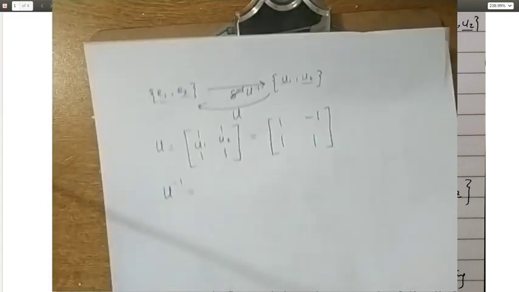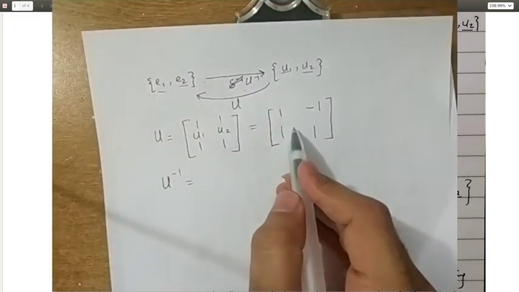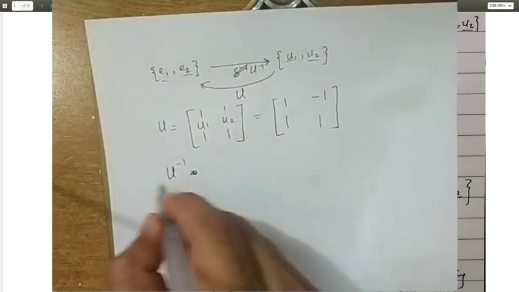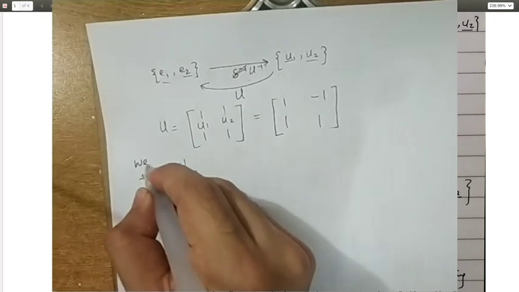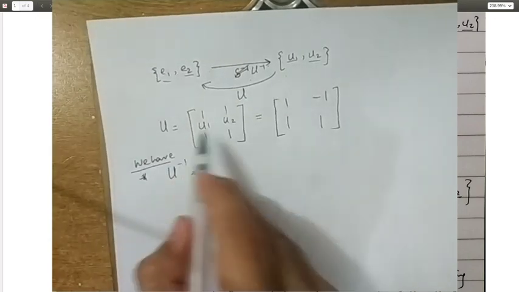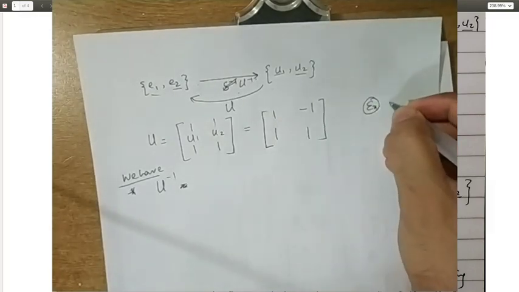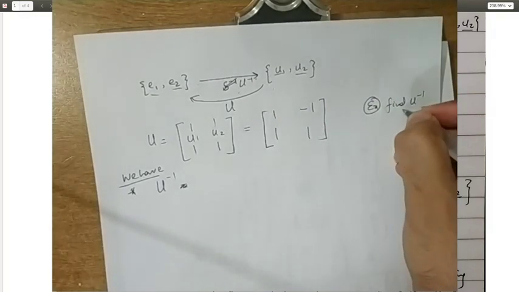We need to find the inverse of this matrix. I will ignore that process, but let's assume we have U inverse. Let's suppose you find U inverse.